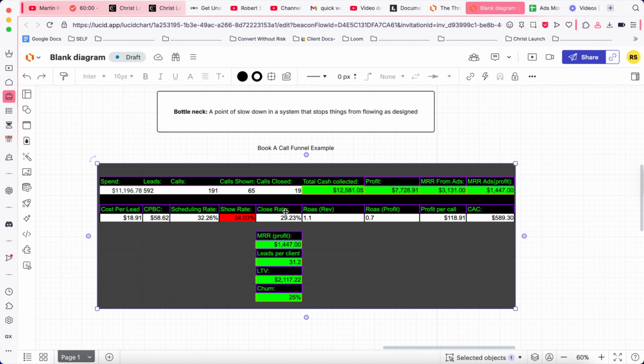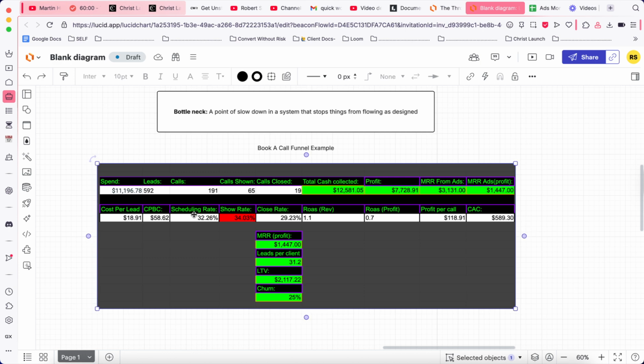The average standard KPI for close rate within this type of industry is about 20%. I did 29%, which is good. Show rate needs to be at least 60%. It was 30%, which is half off, which is terrible.